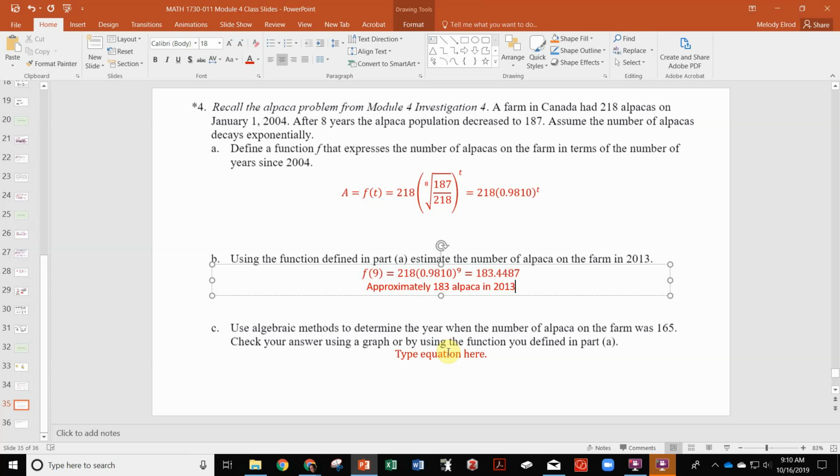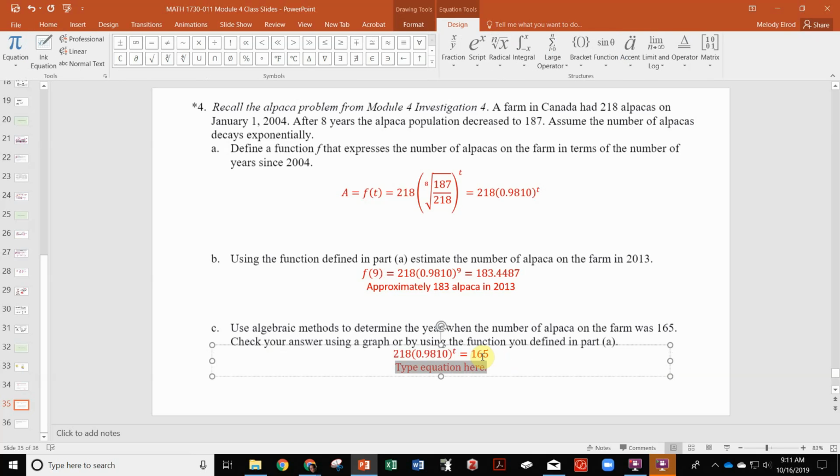The last one says determine the year when the number of alpaca on the farm was 165. So we can take our function and say, when is it going to be 165? That's what we're trying to figure out. And so we can solve this the way we would solve the other exponential functions that we've used. We can first put it into a form that will let us convert.